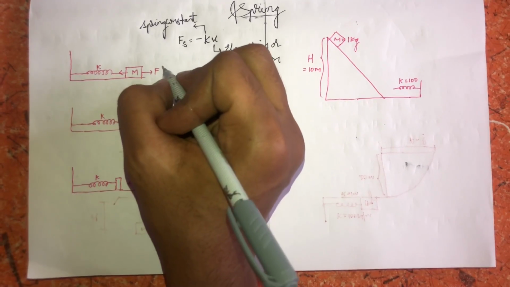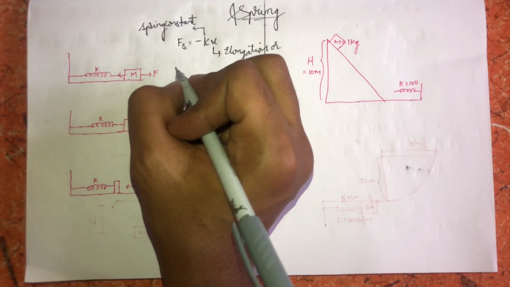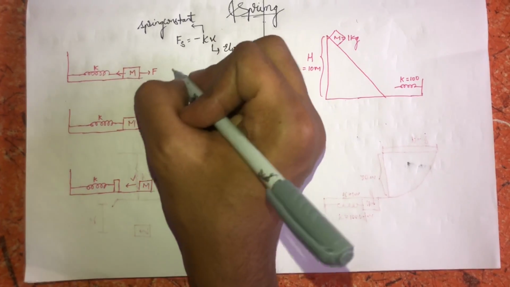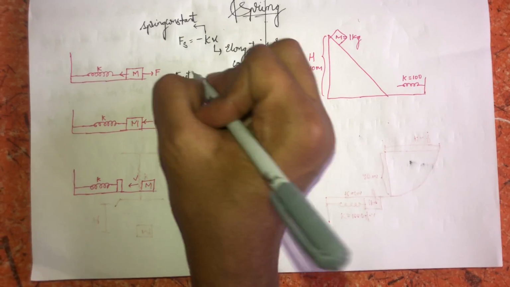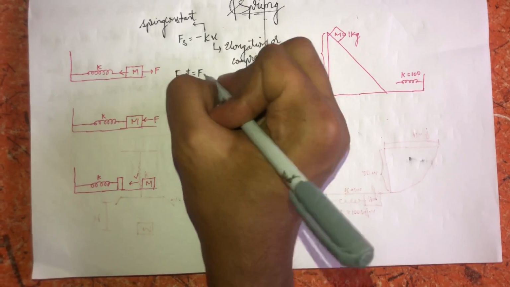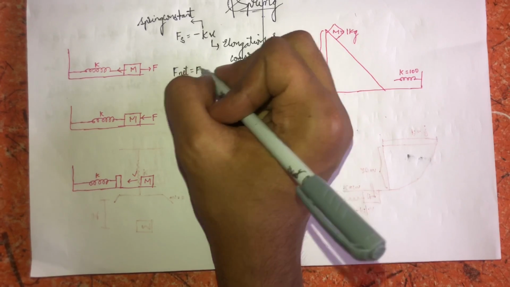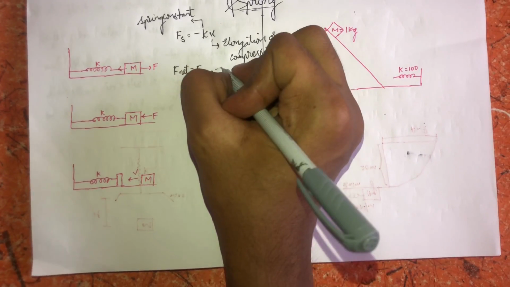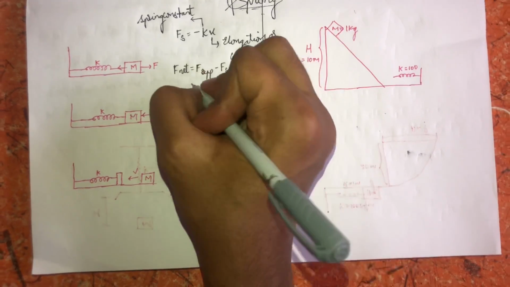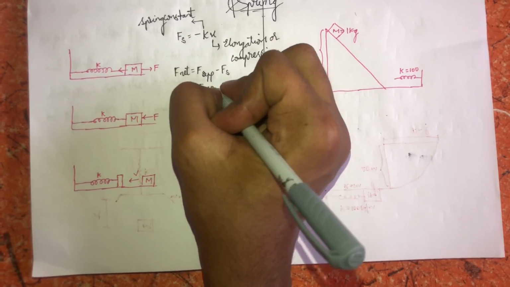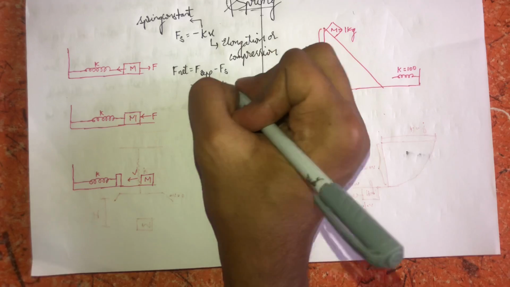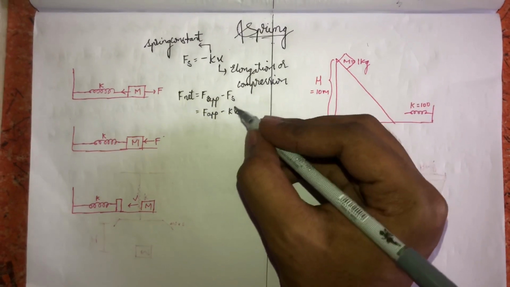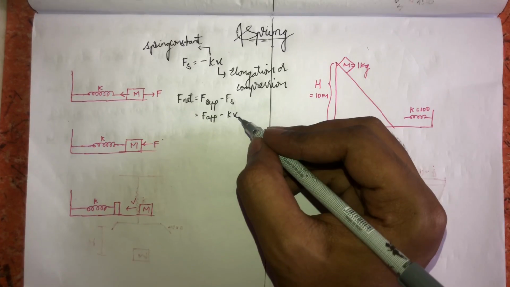The force is acting towards the right, then the spring force acts in the left direction, so F net is equal to force applied minus spring force Fs, that is F applied minus kx. Here we should not consider the minus sign again, as I already considered the sign before. So now we should take only the magnitude.